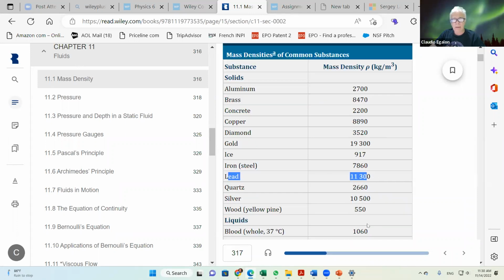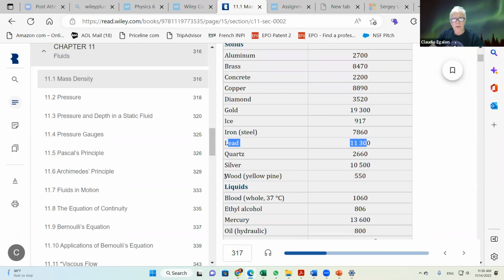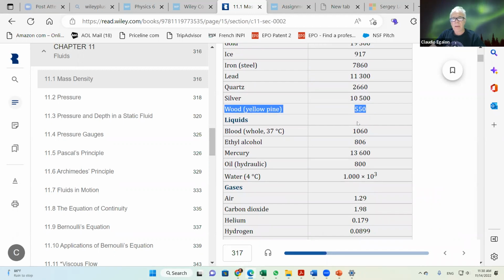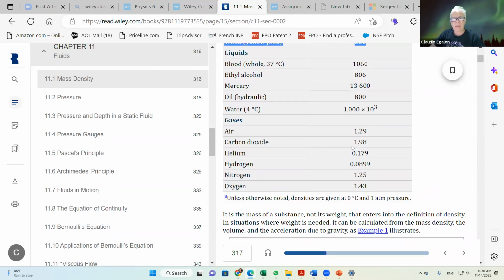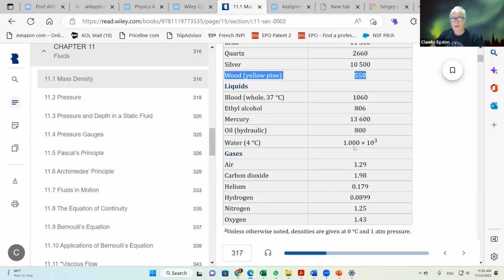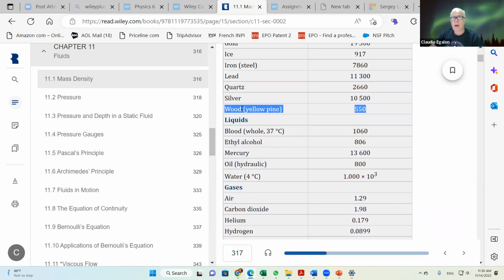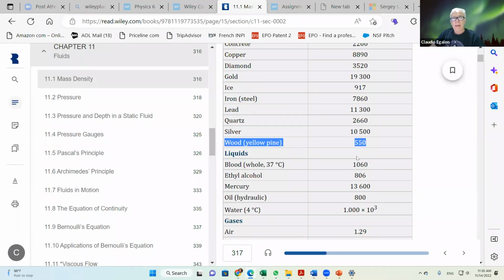Quartz and so on, right? Wood has a density that's lower than the density of water. Compare the density of wood with the density of water. It's less. It's half the density of water. That's why wood floats on water, because its density is lower than the density of water.